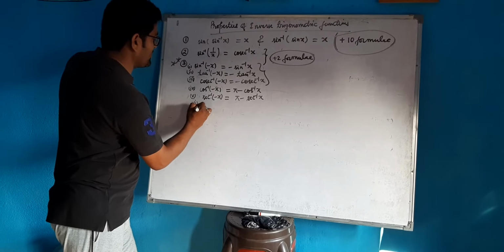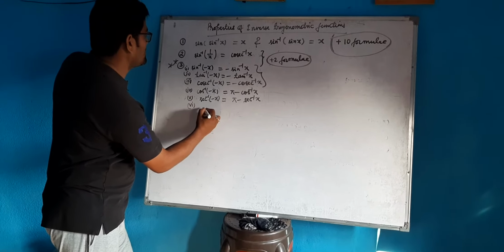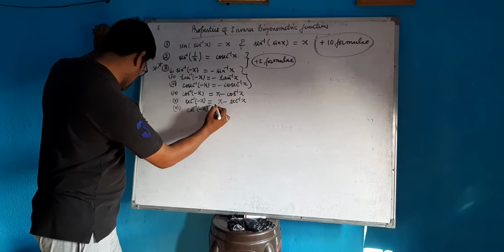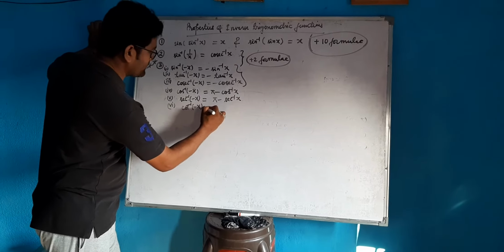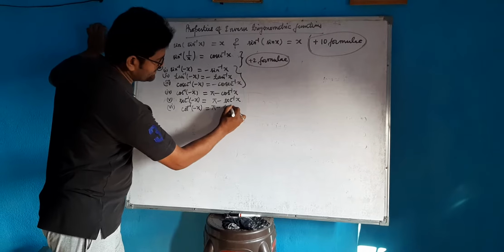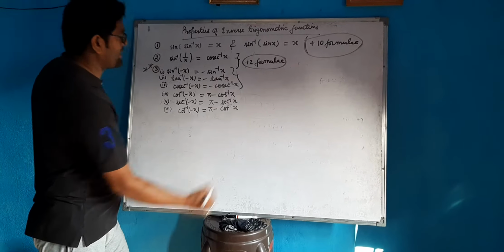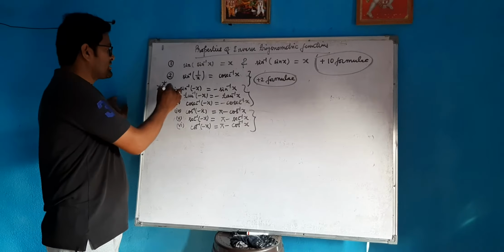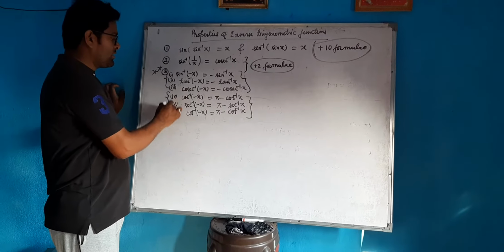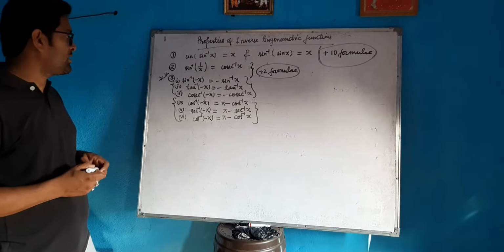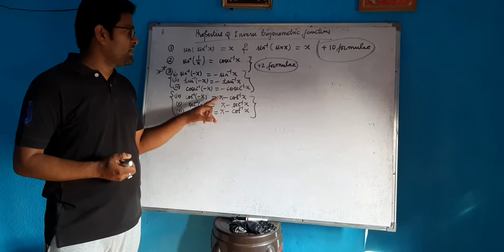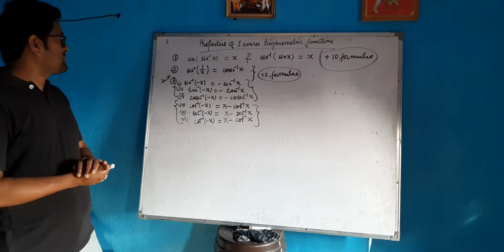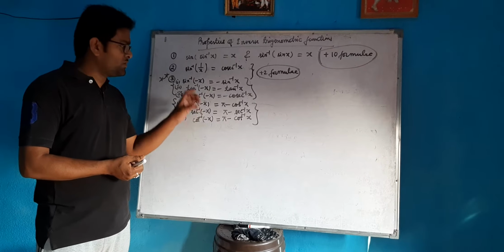In the same way, if you have cot inverse of minus x, it will give you pi minus cot inverse x. See, these three formulae are in the same category. Here all are subtracted from pi, here all have a minus sign before them. So this is the easiest way to learn it.